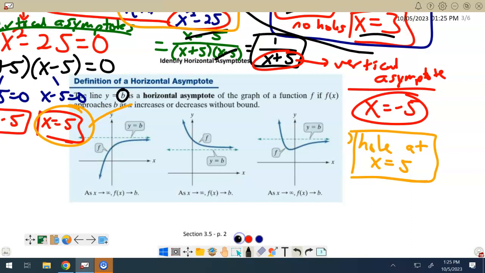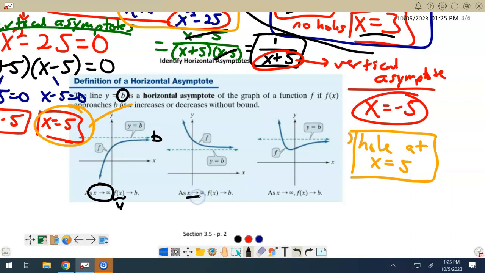And so as the graph goes to the right, the y values approach this number b, and they will get closer and closer to b without crossing or touching, usually. And that's what makes it an asymptote.